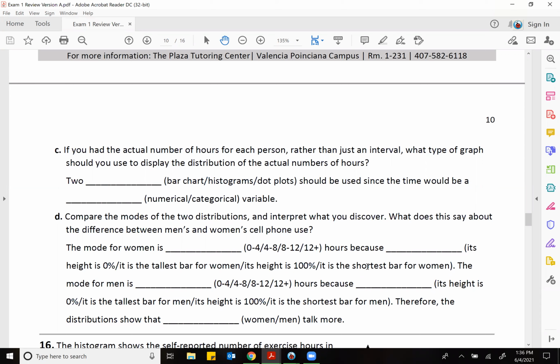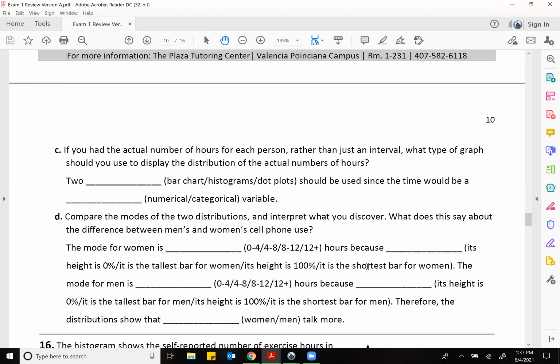Histogram. A histogram? Absolutely. I would go with a histogram, because now I have made that data value what? Numerical. That variable is numerical. That's right. So a histogram should be used since the time would be what kind of variable now? Numerical.